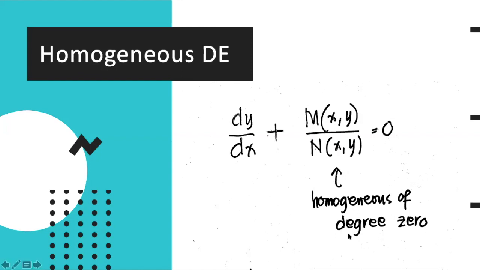Clear? Okay, so the previous differential equation here was actually put into this form right here. You can see that the ratio here is of degree 0.